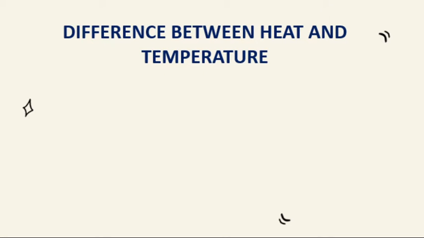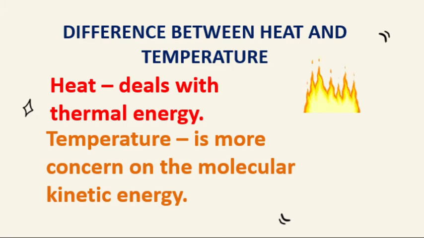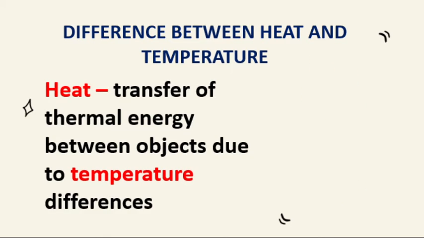Difference between heat and temperature. Heat deals with thermal energy, while temperature is more concerned with the molecular kinetic energy. Heat is the transfer of thermal energy between objects due to temperature differences.